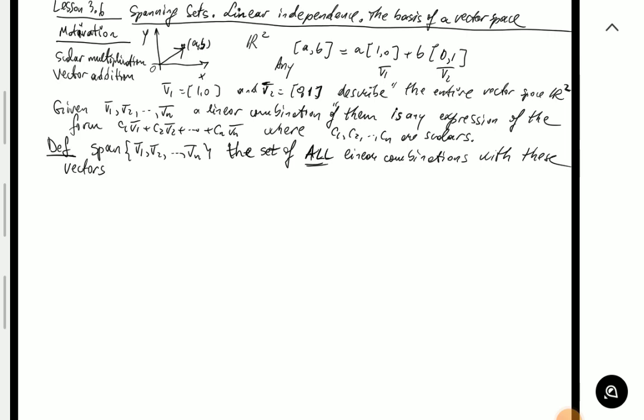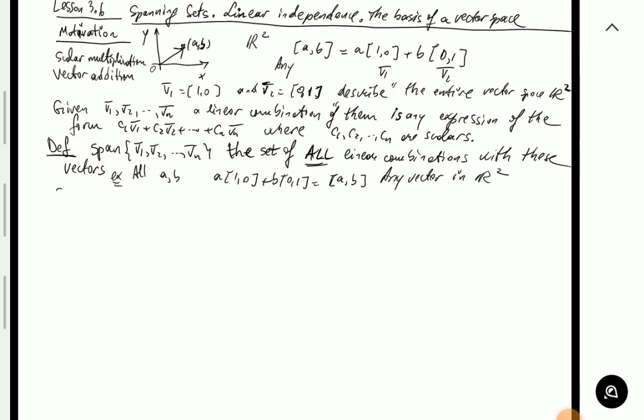All right. So like I said, the keyword is all linear combinations, right? So notice that in the previous example, which is kind of obvious, if I take all possible a and b and look at these linear combinations, of course I can generate or describe any vector in R2, right?